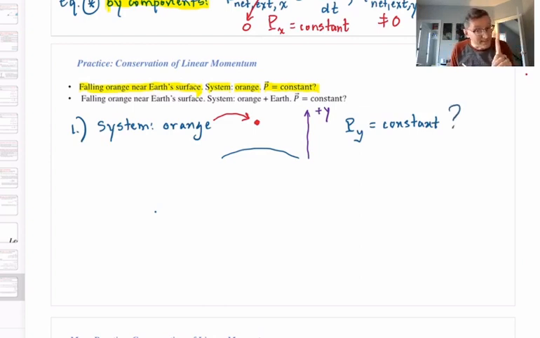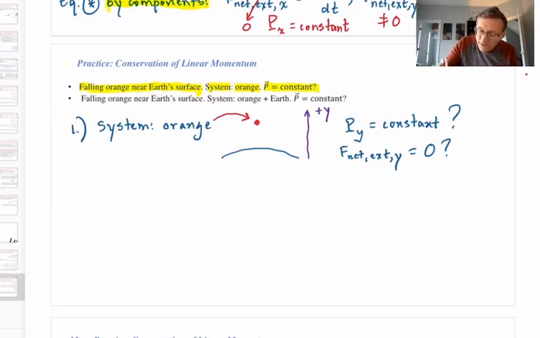What's the condition? That's what you should ask yourself. What's the condition for y momentum to be conserved? F net external y component must equal 0. So ask yourself, is that true? Is F net external y component equal to 0 for that system of the orange?